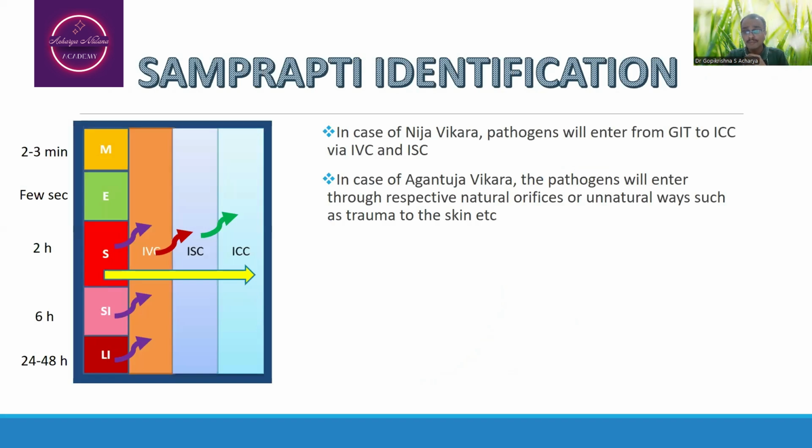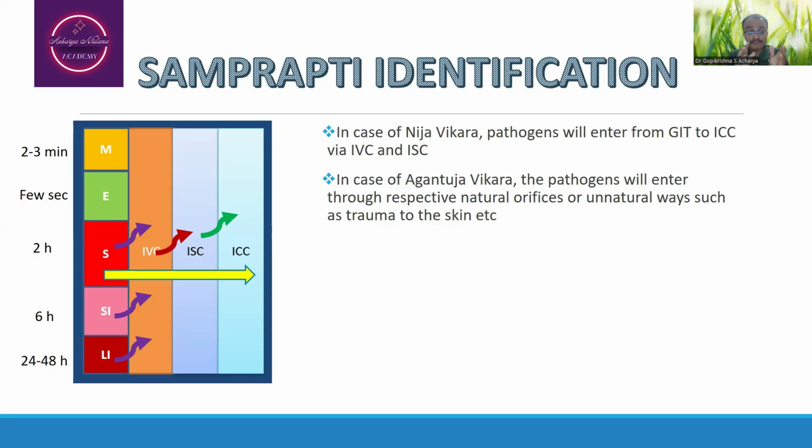As far as Samprapti identification is concerned, in case of Nidana Nija Vikara, wherein the dosha vitiation is first observed and later there will be symptom manifestations, the pathogens start entering from the alimentary canal, that is, from the stomach, small intestine or large intestine.